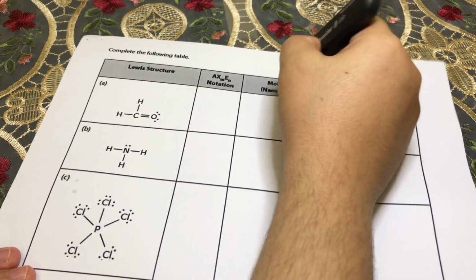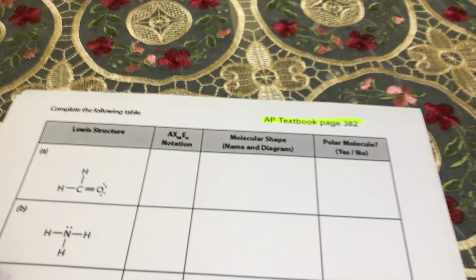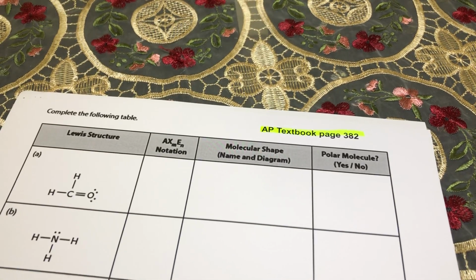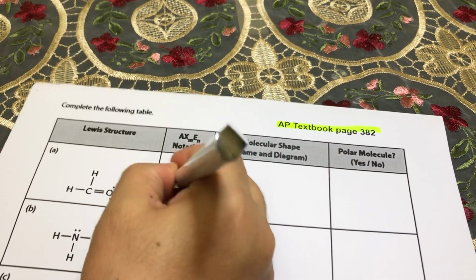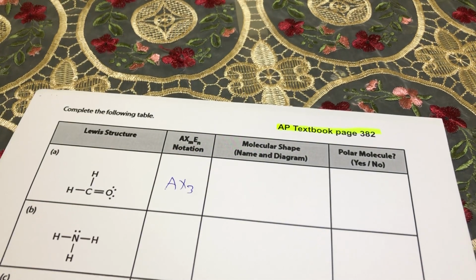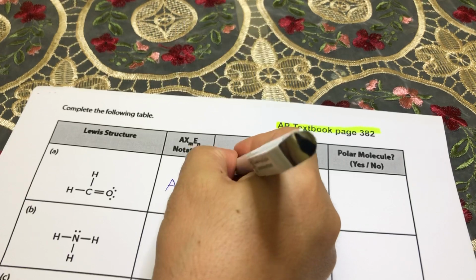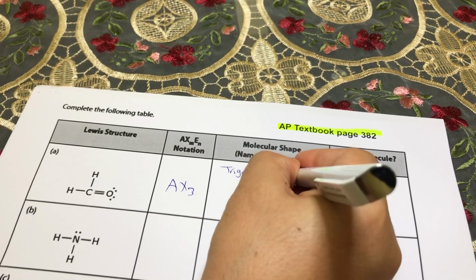It's also from the AP textbook at page 382. Sorry. Let's start with the first one. It's CH2O. The notation is AX3 and the molecule shape is trigonal planar.